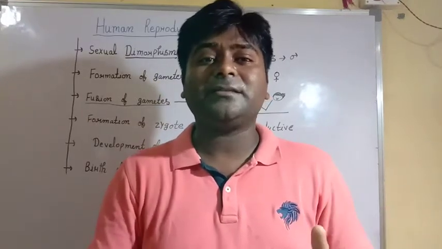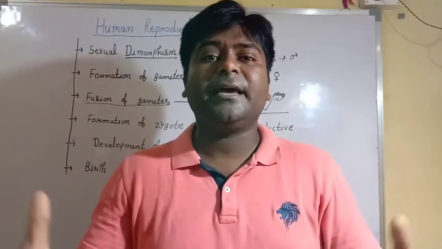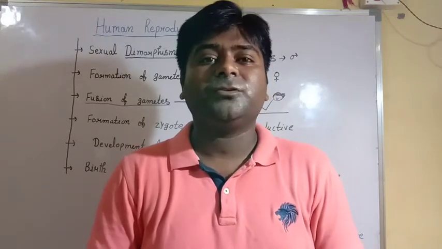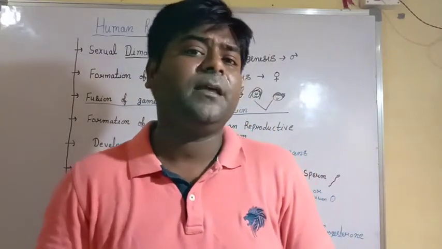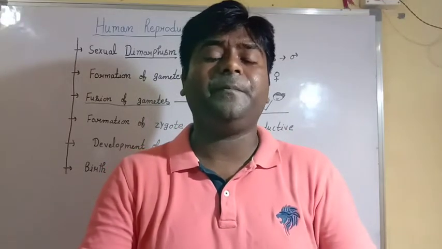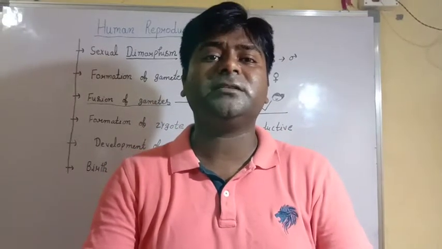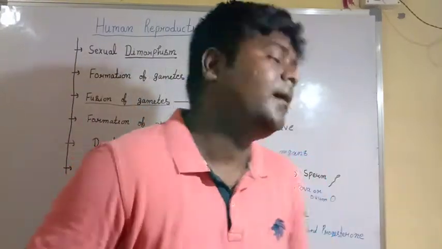Then that structure, the embryo, starts developing and the uterus can expand. As long as the embryo is developing, the uterus is expanding. So you must have observed that pregnant women have that expansion of uterus, and it is shown clearly.